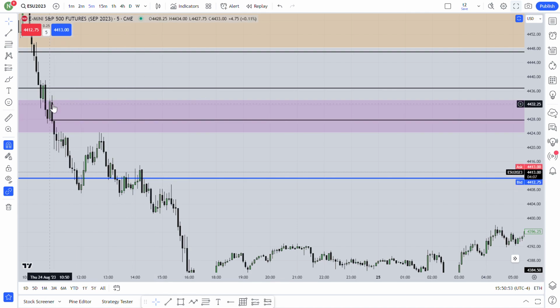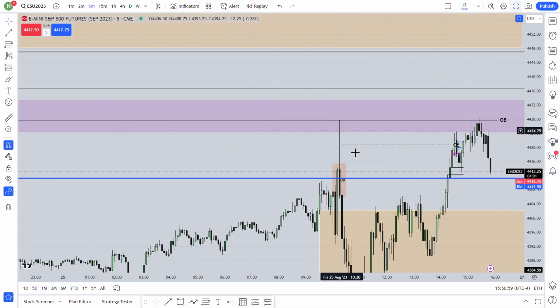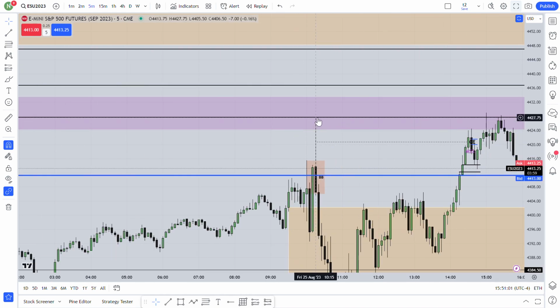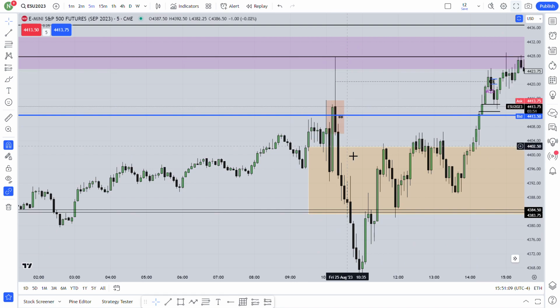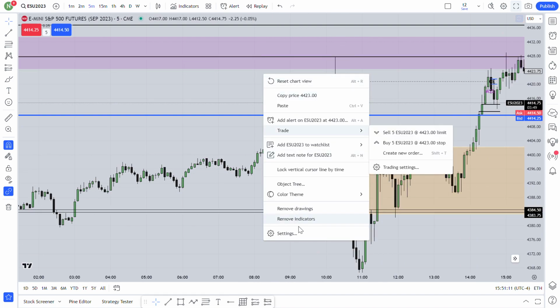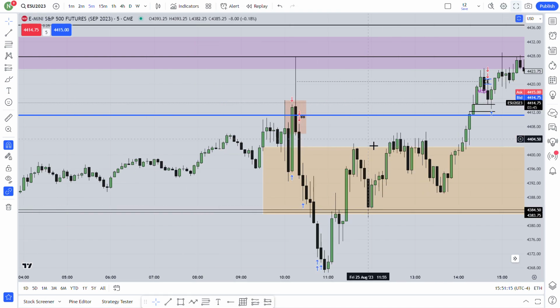So this order block was very crucial for me. I was hoping that market would go there, and you see it perfectly traded to the order block. Exactly perfect. Market went there and came lower.